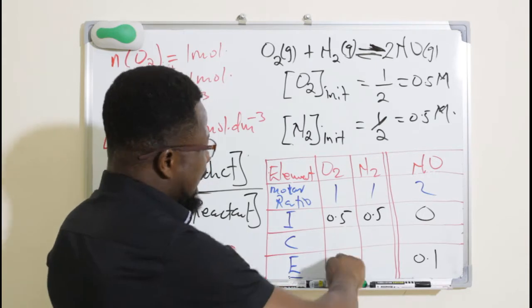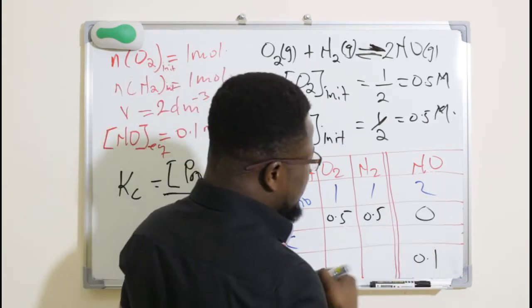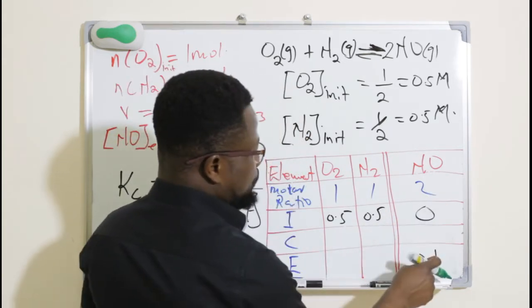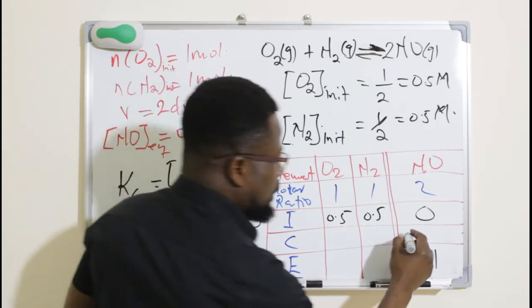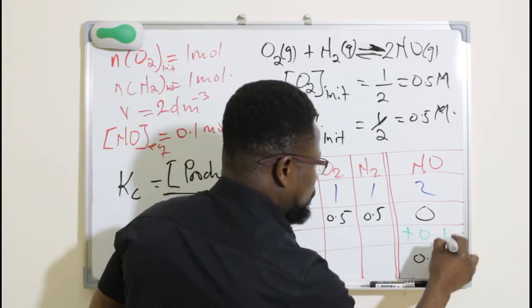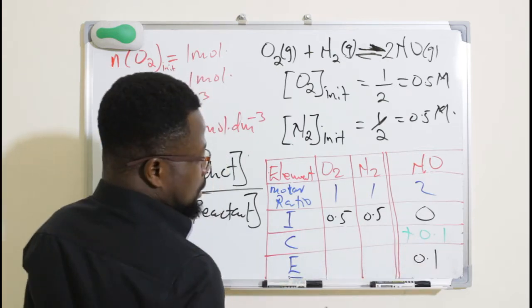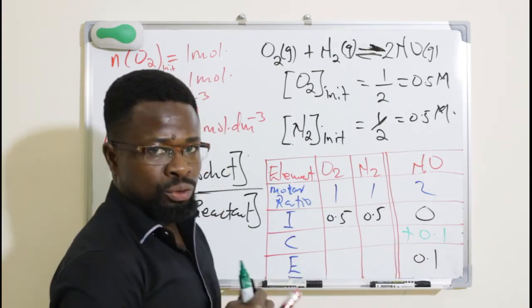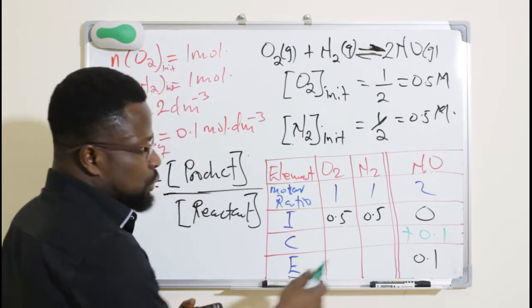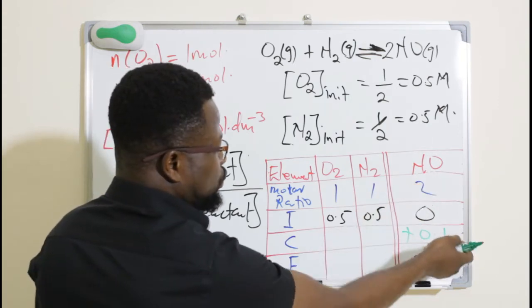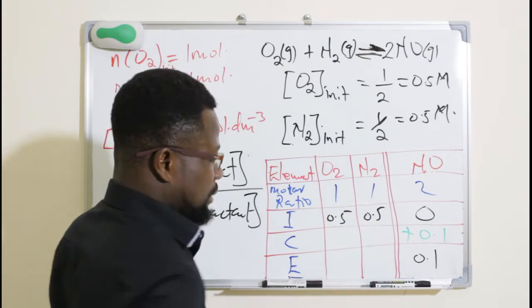So here, the difference between these two should be equal to the equilibrium. Therefore, here is plus 0.1. If that is plus 0.1, we now compare the ratios. If 2 is 0.1, what is 1?